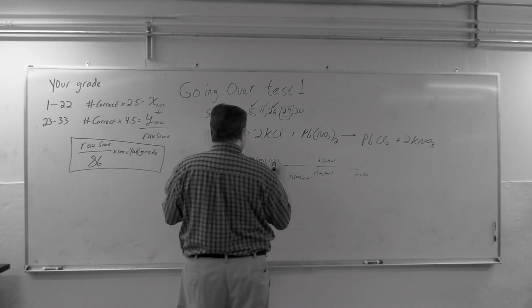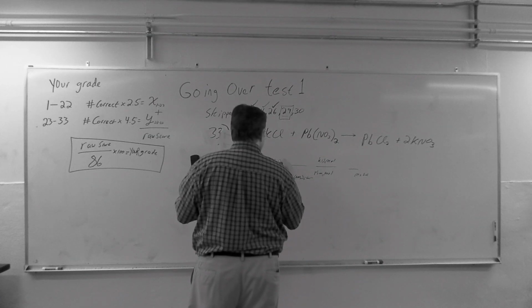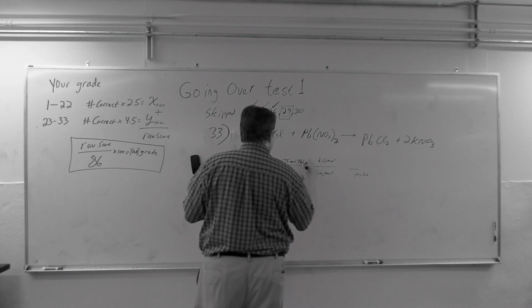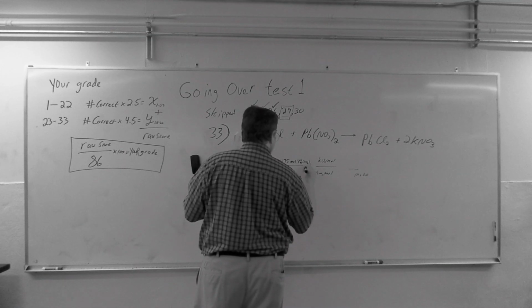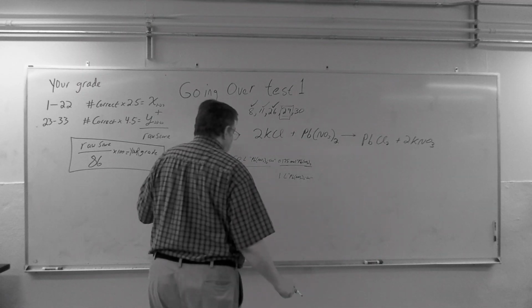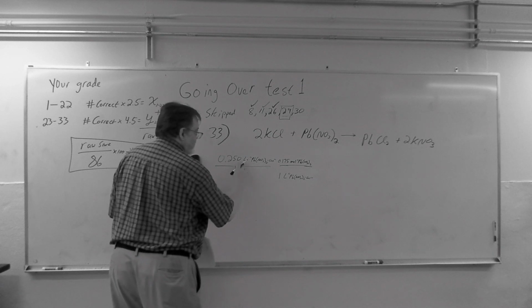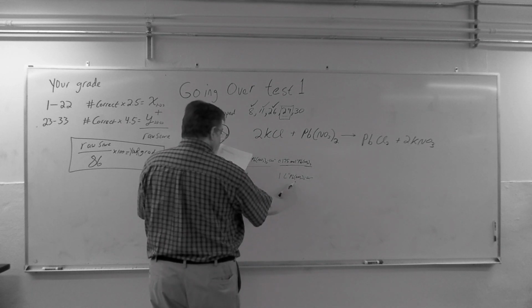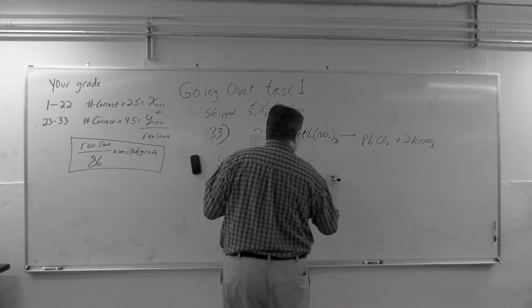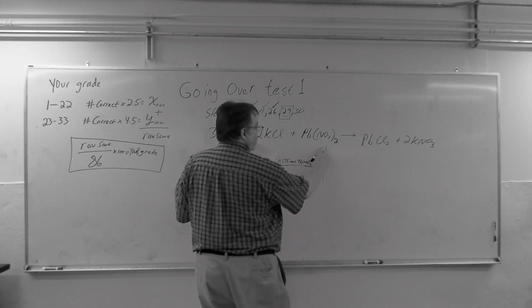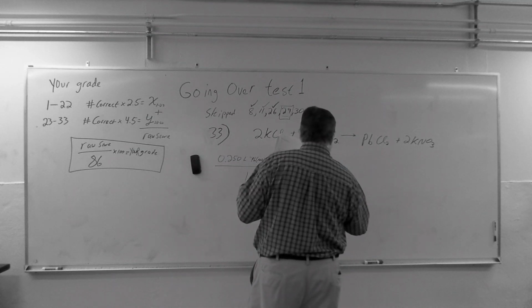Okay, the wrong one. 2.50 liters. It's 0.175 moles per liter. And then the stoichiometry is 1 PbNO3 to 2 KCl.